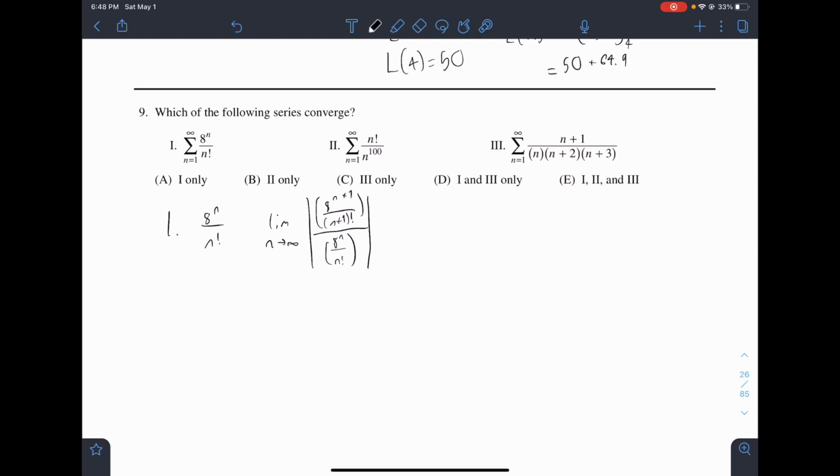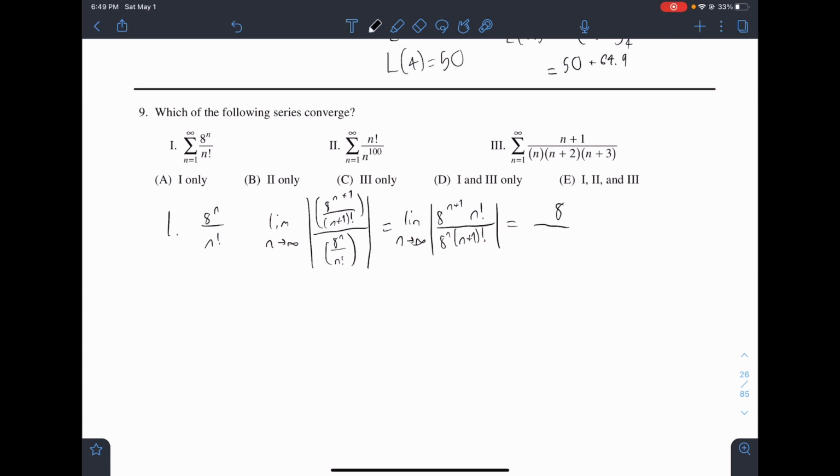So let's simplify this a bit. It equals the limit as n goes to infinity of the absolute value of 8 to the n plus 1 times n factorial over 8 to the n times n plus 1 factorial. 8 to the n plus 1 over 8 to the n simplifies to 8, so 8 is on top.